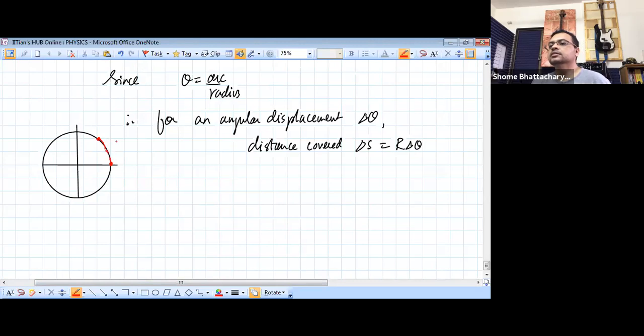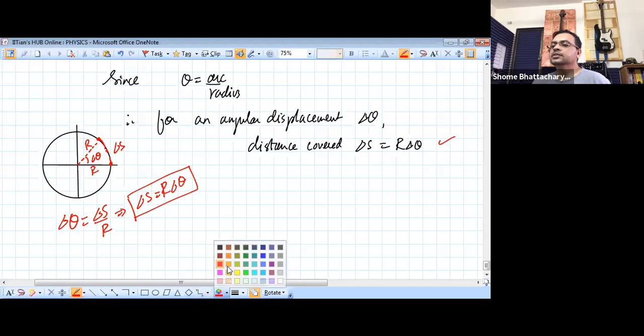That's the arc length. And what is the angular displacement it is covering? Delta theta. So the relationship between this arc length and angle is that angular displacement is arc length divided by radius. That means the circular distance traveled along the arc is nothing but R delta theta. So that's how we are getting this.